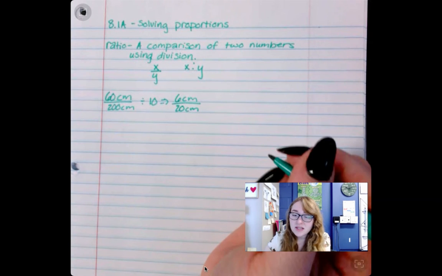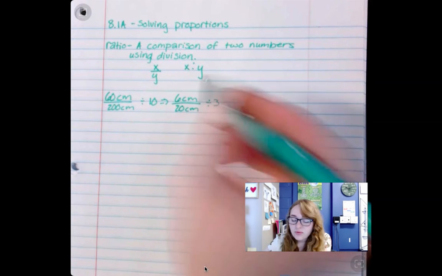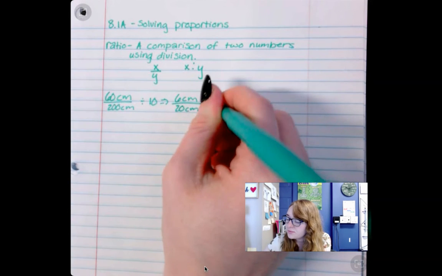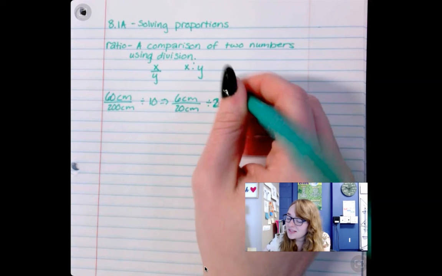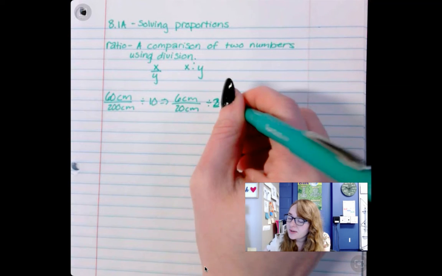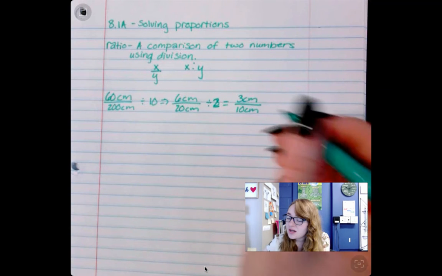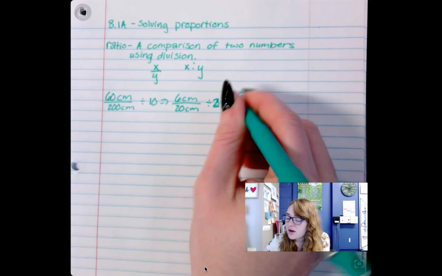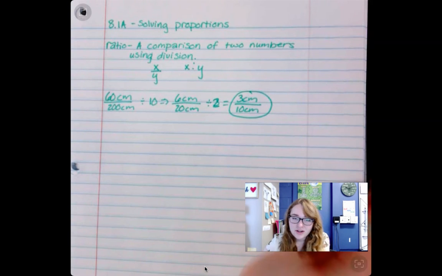But we can take even more out of this 6 and 20. They have a common factor of 2. 6 divided by 2 gives us 3 centimeters, and 20 divided by 2 gives us 10 centimeters. Since 3 and 10 do not have any common factors, we have simplified this ratio all the way, so that is our answer here.